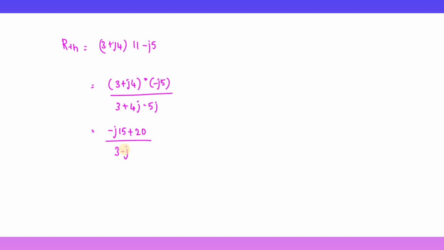Okay, so I have already told you how to calculate this complex function, right? So you write 20 minus j15, so the value is 25, angle value is minus 36.86.